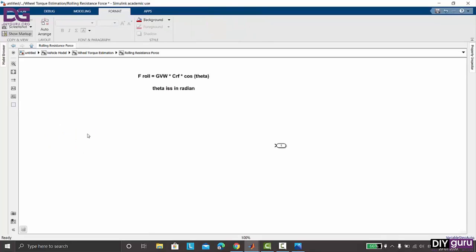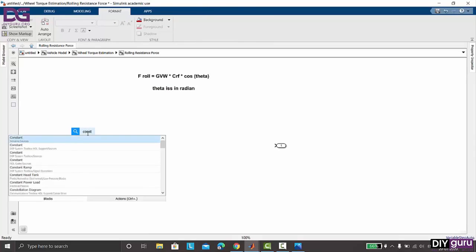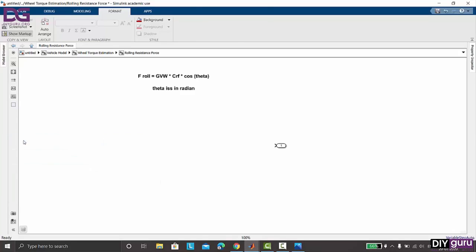And as it does not depend on the velocity, delete the input port and insert the constant block by double clicking on the window. We require 3 constant blocks, so copy it.